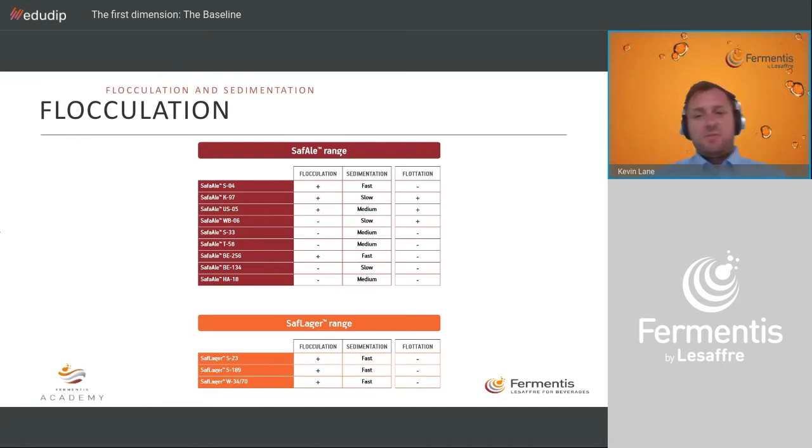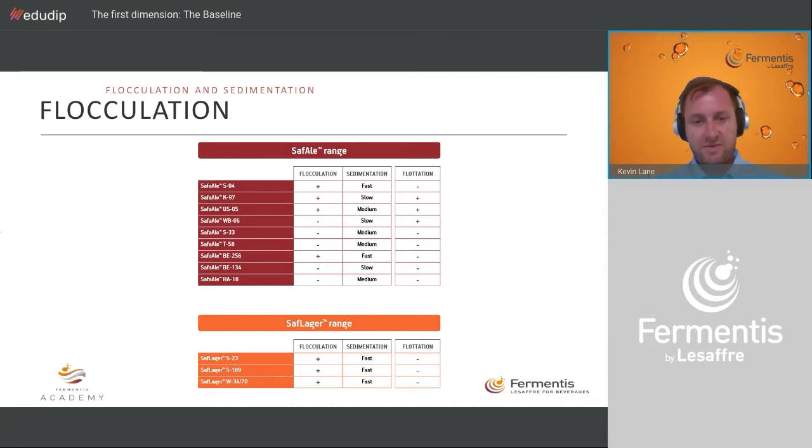And that's what we're talking about here. This is an extract from our tips and tricks. The rightmost column is flotation. Flotation is the strain's affinity for the dissolved CO2 or for breaking gas out of solution and probably getting stuck in the foam on top of the tank. But here you can also see the flocculation characteristics and sedimentation characteristics of each strain.